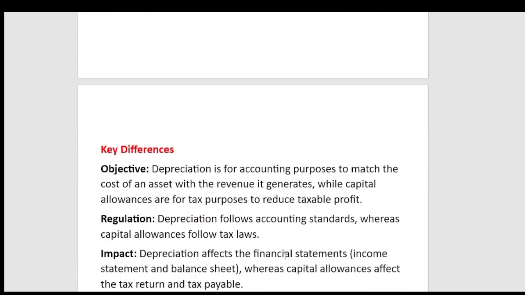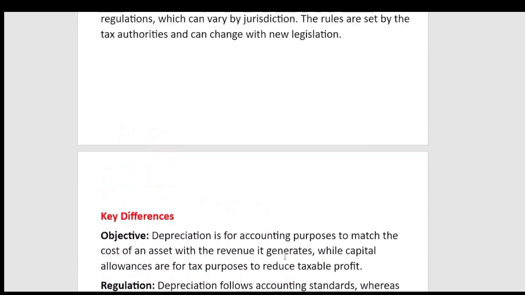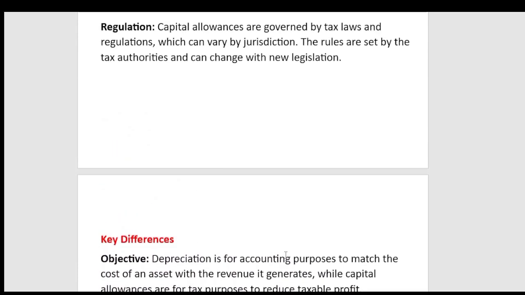So now let's look at the key differences. Very key. The objective: depreciation is for accounting purposes, to match the cost of an asset with the revenue it generates, while capital allowance is for tax purposes, to reduce tax liability. Is that clear?